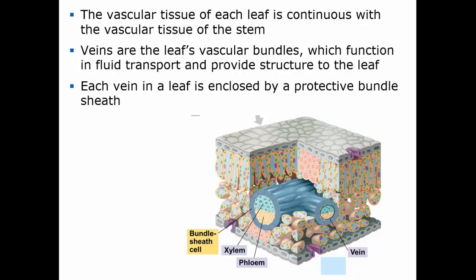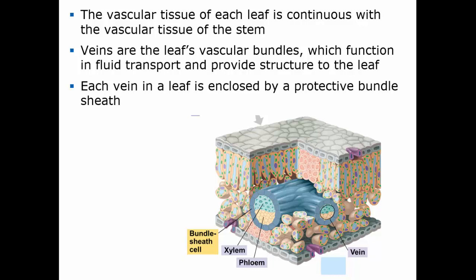The outside of the vascular bundle is enclosed by a layer of protective cells known as the bundle sheath. The bundle sheath is involved in transporting the water from the vascular system to the mesophyll cells of the leaf. Remember that water is one of the reactants, along with carbon dioxide and solar energy, in photosynthesis.